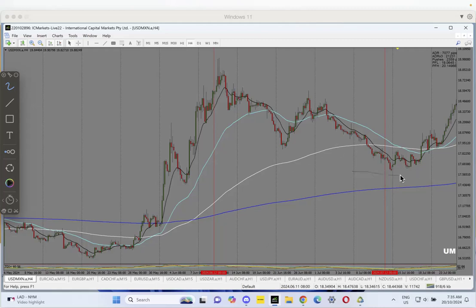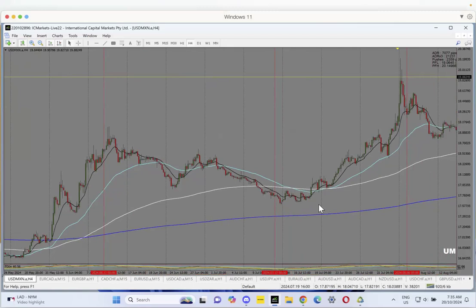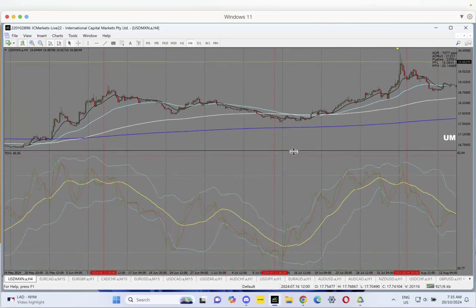And mind you, these shark fins will print as they happen. So the moment you see the green line come back into the bands, it doesn't mean that the market has already moved. No, these shark fins are actually showing you the first leg. So that means you already know when a second leg will happen.